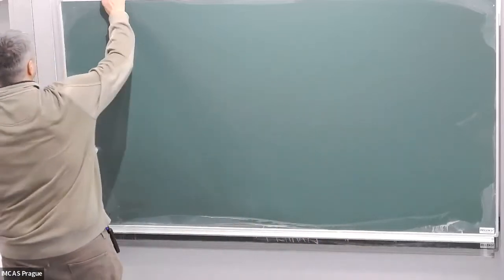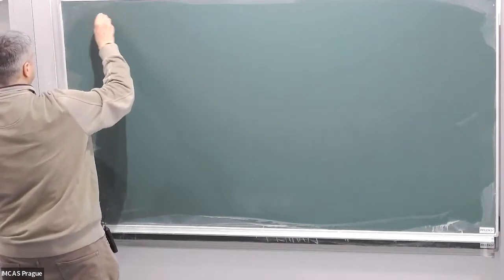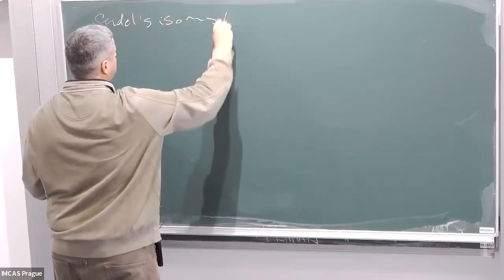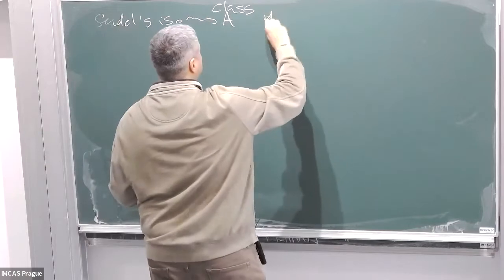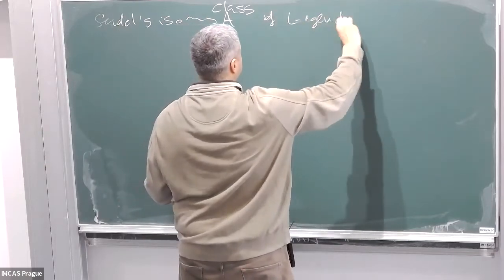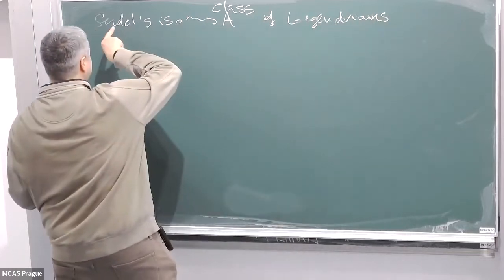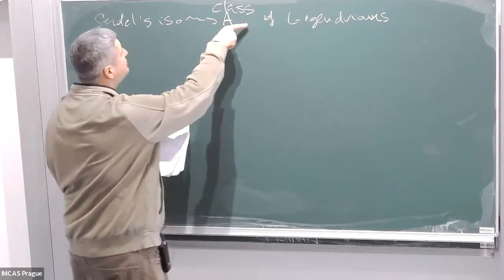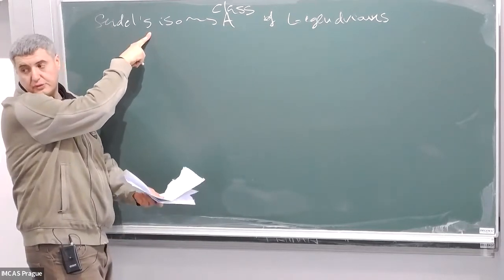As for the obstruction coming from Seidel's isomorphism, Seidel's isomorphism gives a class A of Legendrians: Legendrian submanifolds for which there is an augmentation such that Seidel's isomorphism doesn't work for topological reasons.